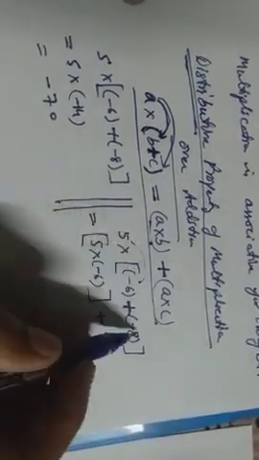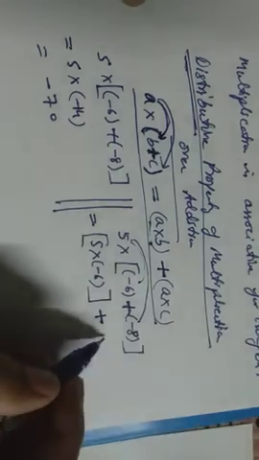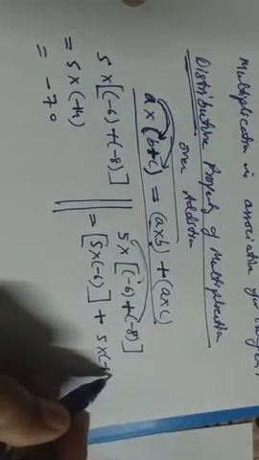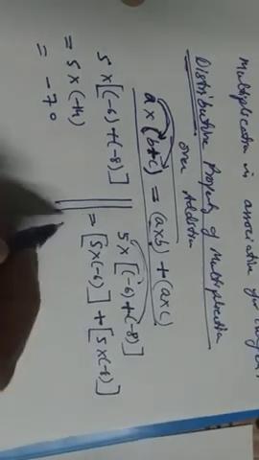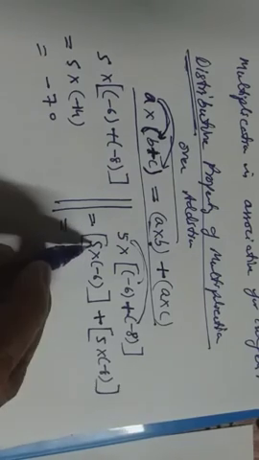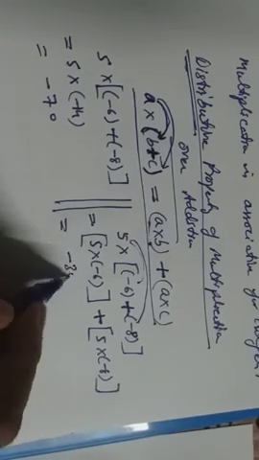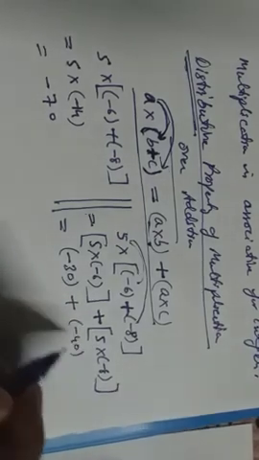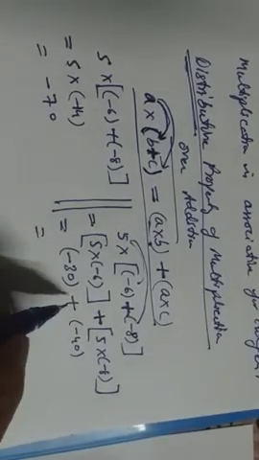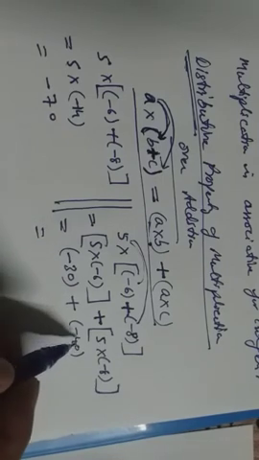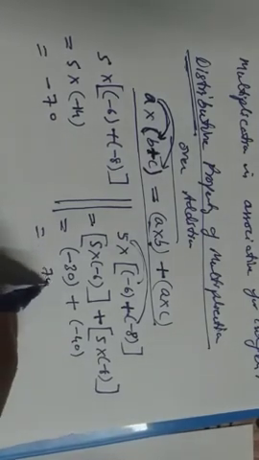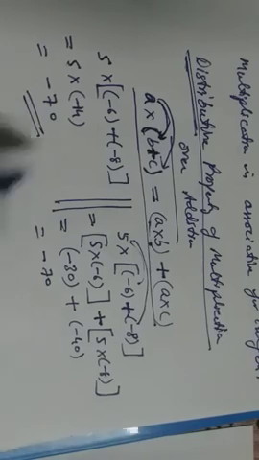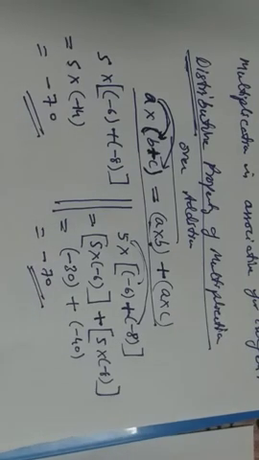Then 5 will meet minus 8 also, 5 into minus 8. Keep this in bracket. Now solve these two separately. 5 into minus 6 is minus 30, plus 5 into minus 8 is minus 40. Now two negative integers are added, that means the same sign, they will be added, 70, and the sign will be minus. You can see in both ways the answer is the same.